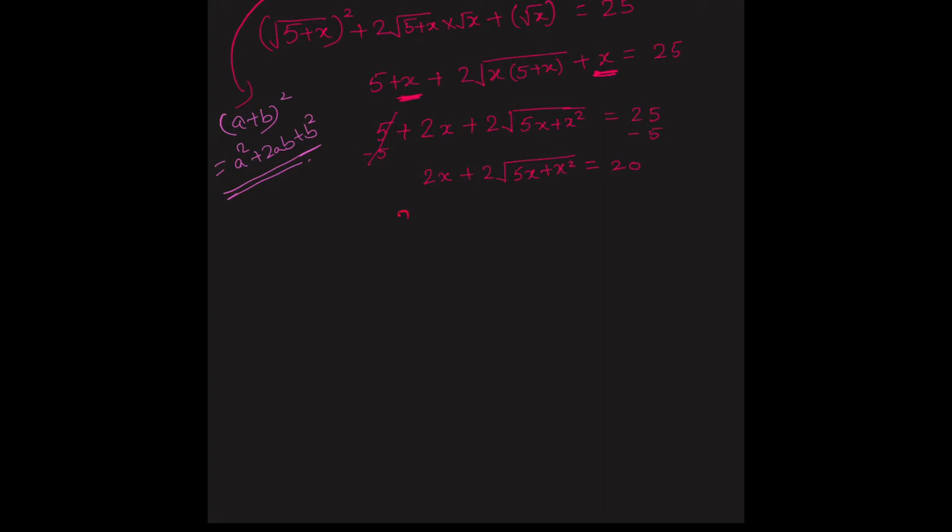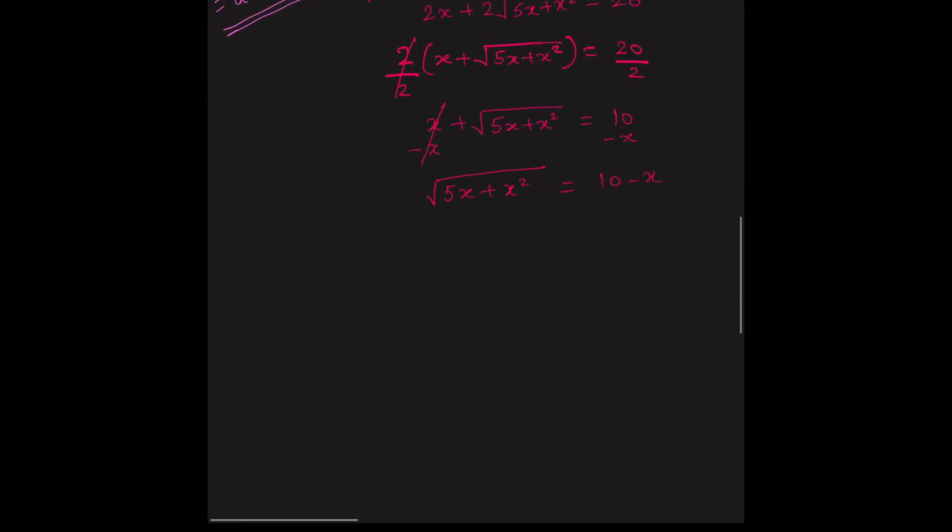Taking 2 common gives us x plus square root of 5x plus x squared equals 20, and then we divide by 2 on both sides. That gives us x plus square root of 5x plus x squared is equal to 10. Now let's move that x to the other side, so we subtract x on both sides, which gives us square root of 5x plus x squared is equal to 10 minus x.